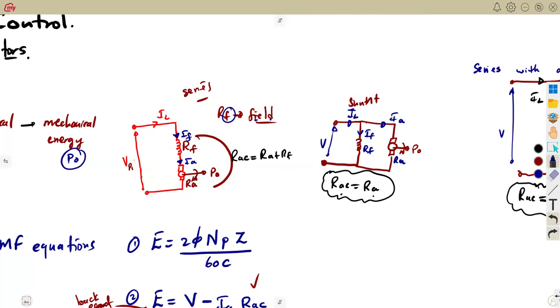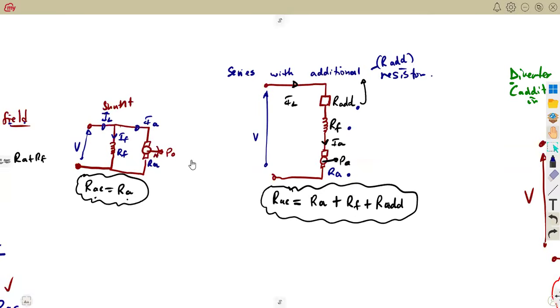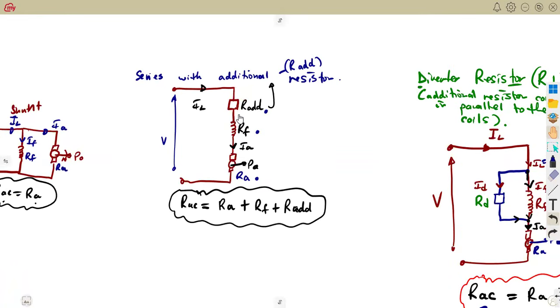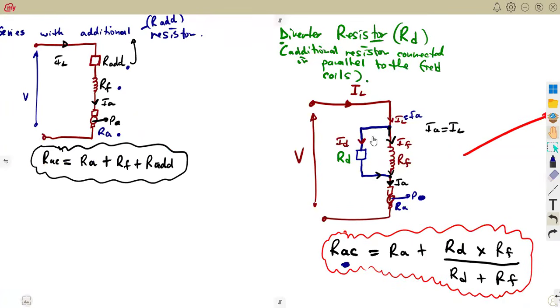So adding something like these circuits that we are now having, where an additional resistor is in series to the field winding, where the diverter resistor is also connected, which is parallel to the field. These are the conditions that we talk about when they are at the final stage.